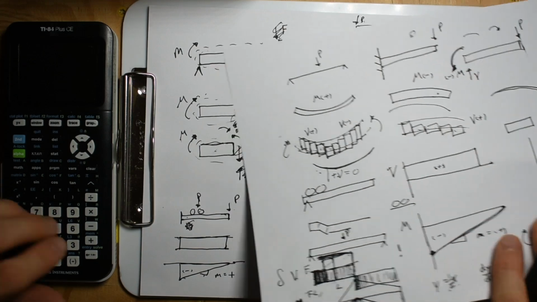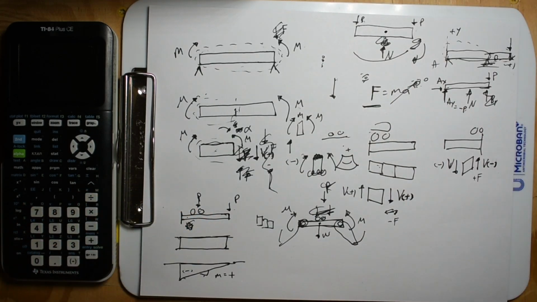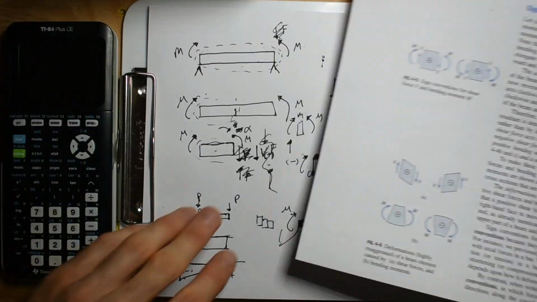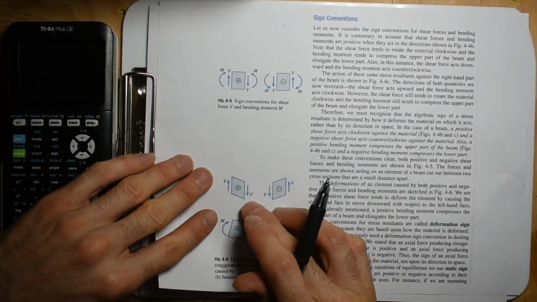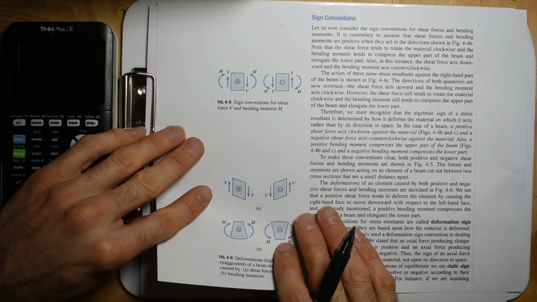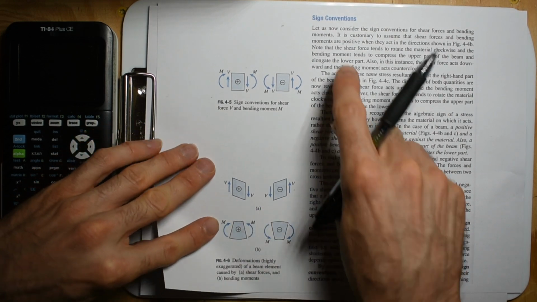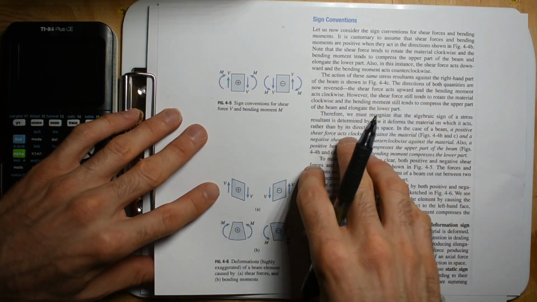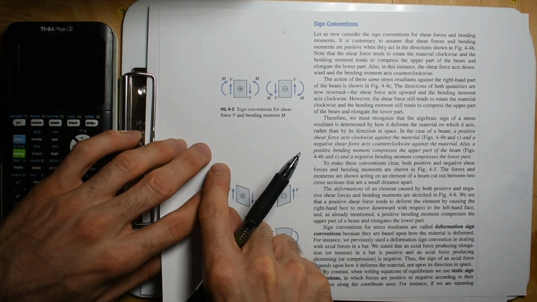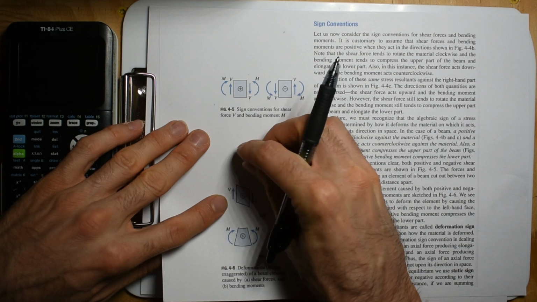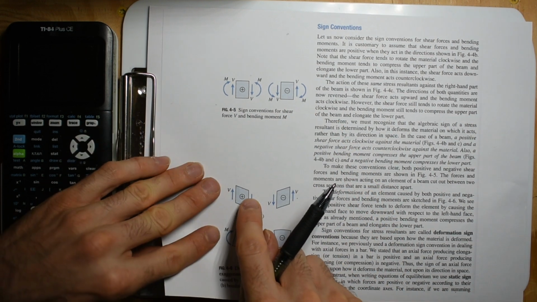All right. So I think that fairly well does it, and we can go back to our sign convention for shear and moments. For the shear, car drives across the cantilever from left to right. Heck yeah, it's going to bend down, and then we're going to get positive shear.